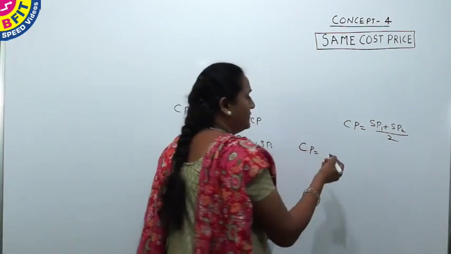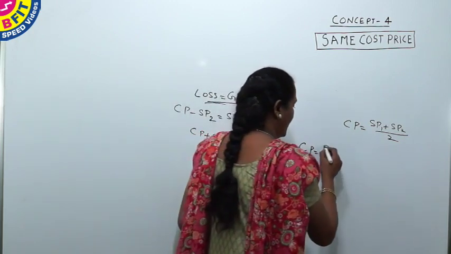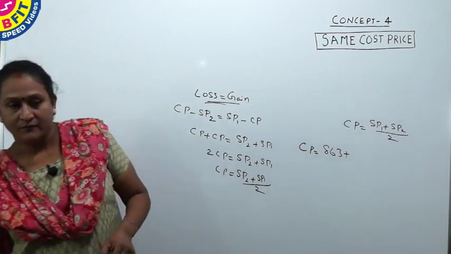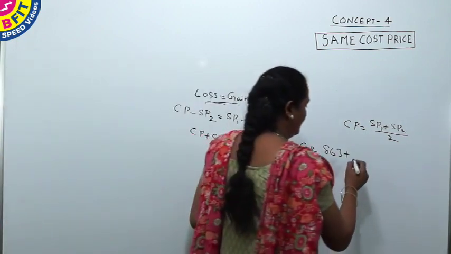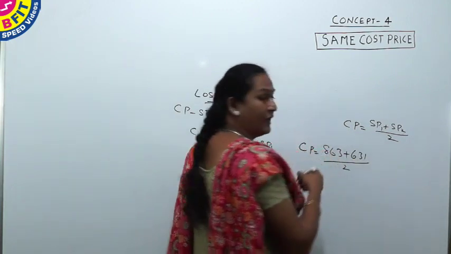So now using this we will see how to find the cost price. Selling price 1 is 863 and the other is 631. Dividing by 2 we get the cost price.